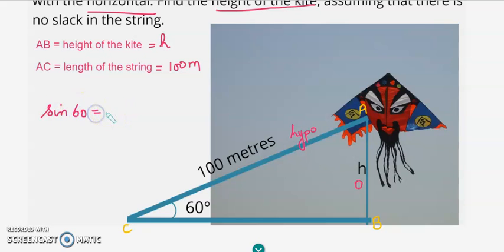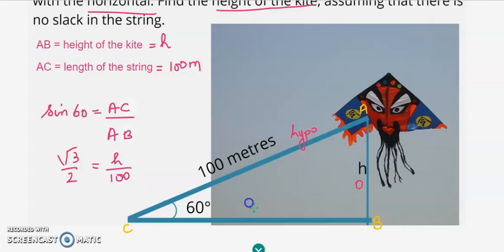Sine 60 is root 3 by 2, equal to AB by AC, opposite upon hypotenuse. So it's H upon 100.